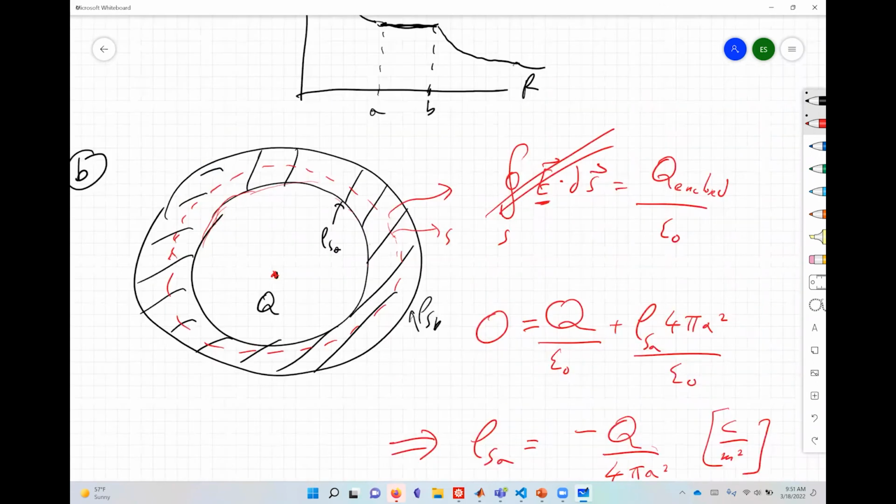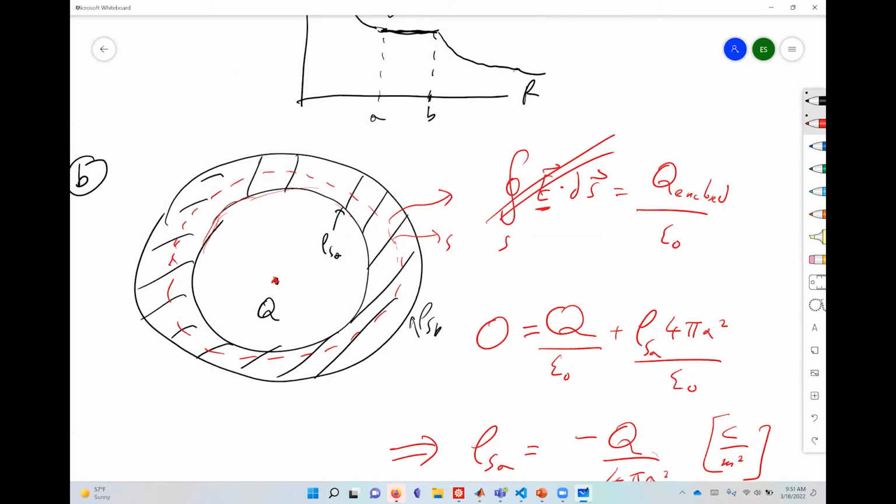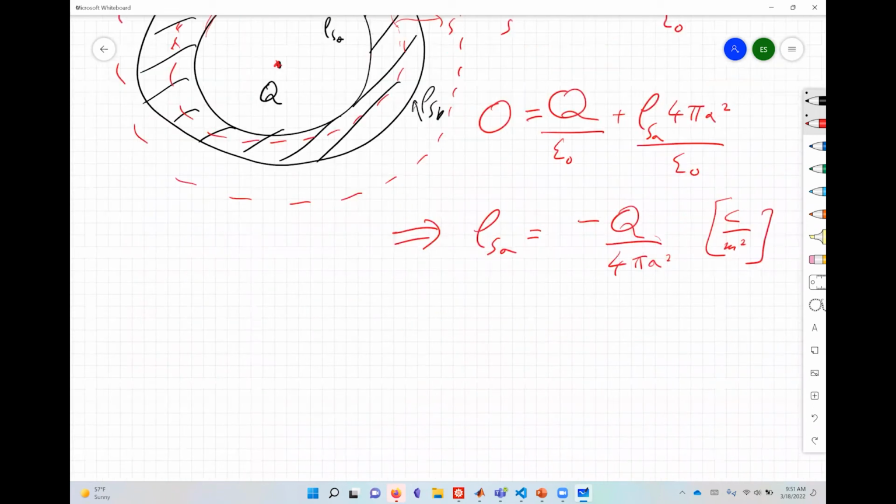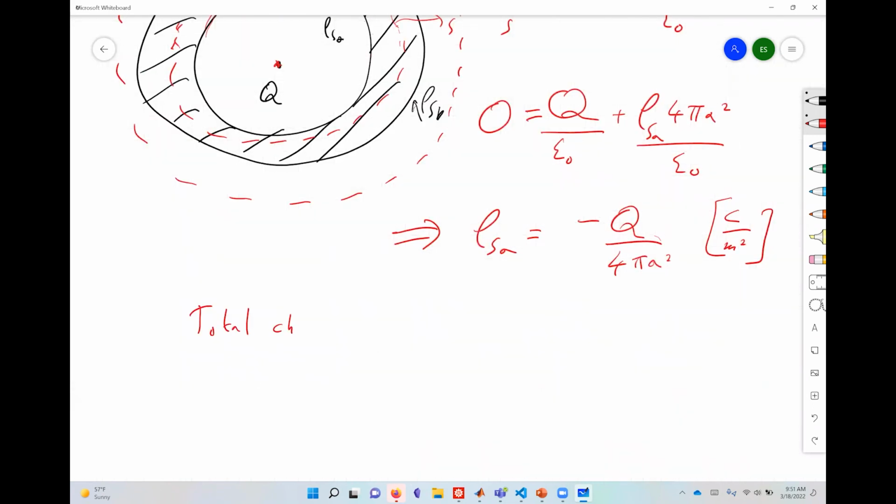What about the outer surface? Well, I don't even need to use Gauss's law. I can use the fact that total charge in the conductor is 0.